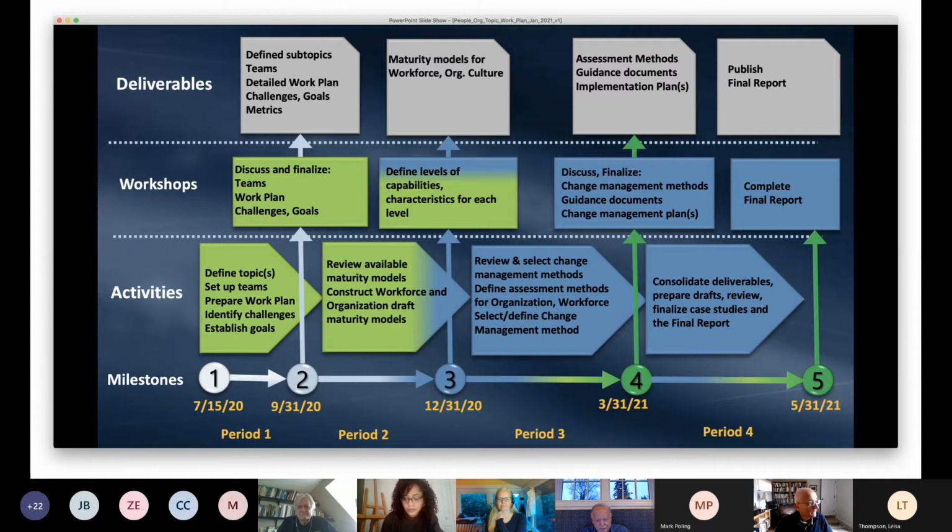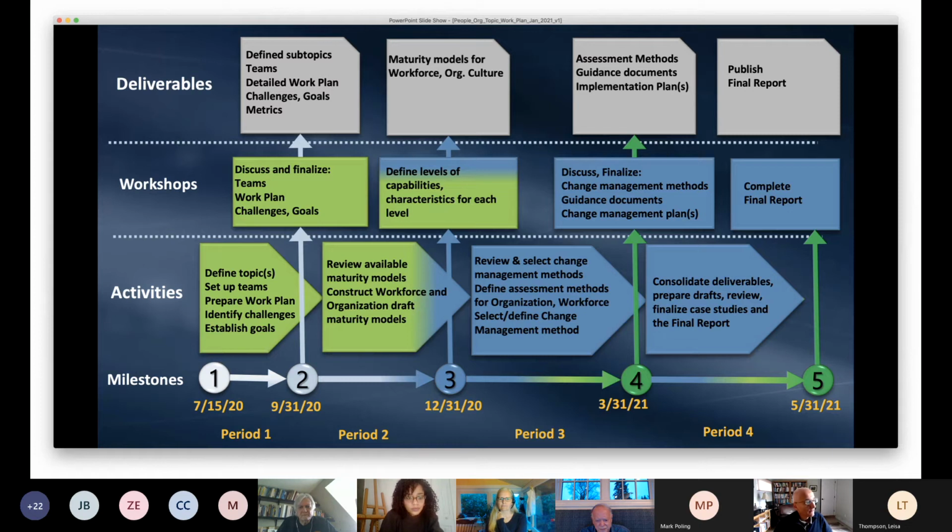The outcome that we had hoped for is the maturity models by the end of last year, but I have to say that Makeda and Alice and Mark and Kesra worked through the Christmas and New Year's weeks on these things. So we're working very hard to catch up, and I very much appreciate what they've done.